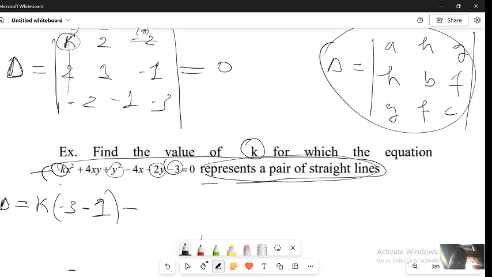If I close this row and this column, the remainder: 2 multiplied by minus 3 is minus 6. Minus 2 multiplied by minus 1 is 2. Minus 2, and plus, this minus becomes minus 2.